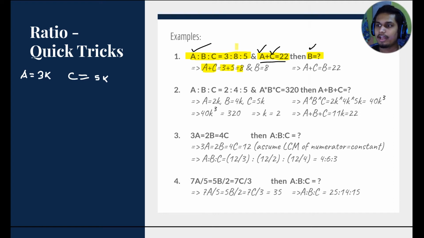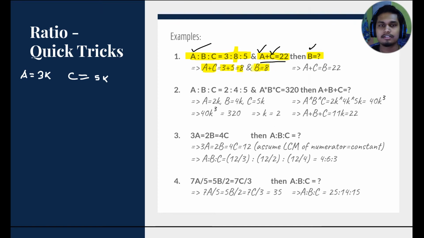Correct. And if we observe it properly, the number of units for B is also 8. So using this concept, the number of units mentioned in the ratio, we can see that the number of units for A plus C is the same as the number of units for B.